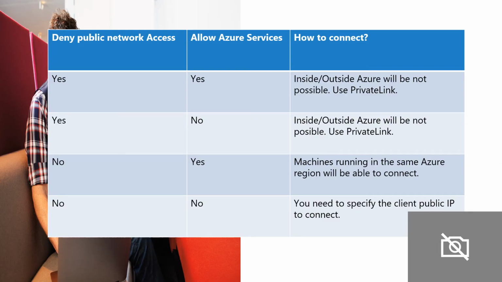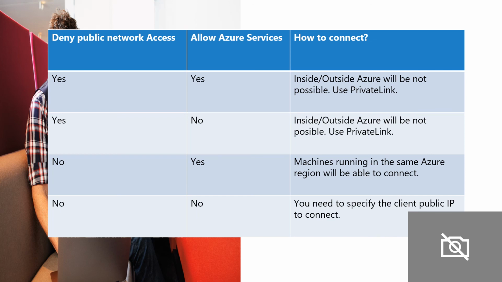Okay, let's recap the different behaviors that we have using these two parameters, deny and allow Azure services. When we have yes in deny public network access and yes in allow Azure services, all the connections inside or outside Azure will not be possible. We need to use the PrivateLink.